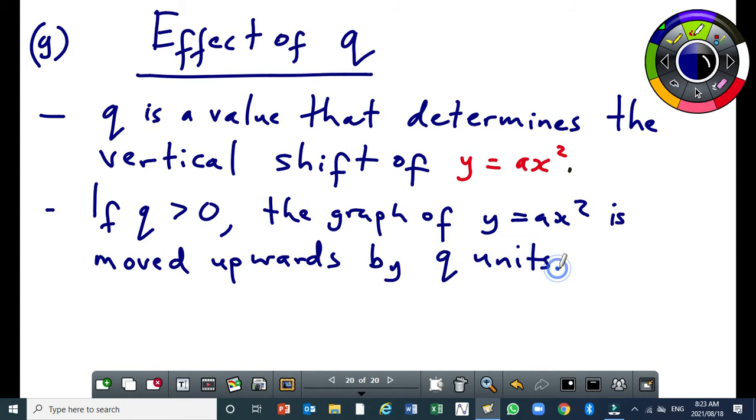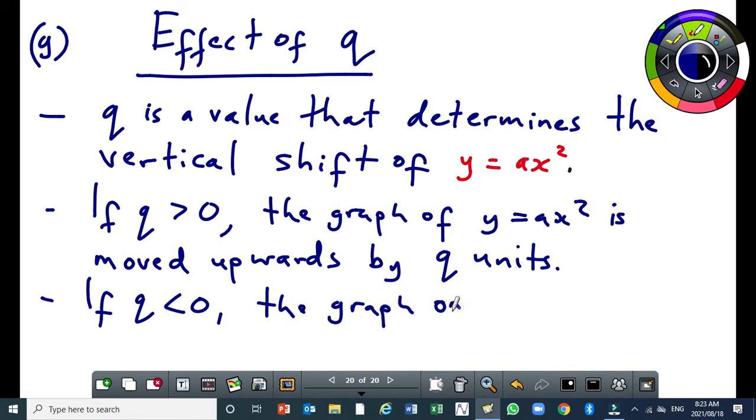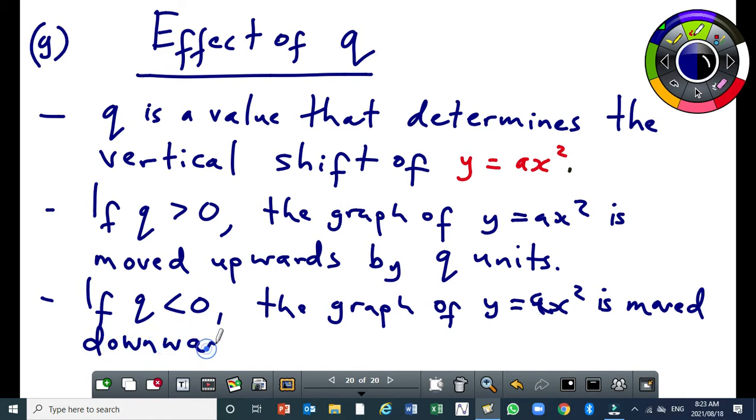Okay. Also, if q is less than 0, the graph of y equal to ax squared is moved downwards by q units. Okay.